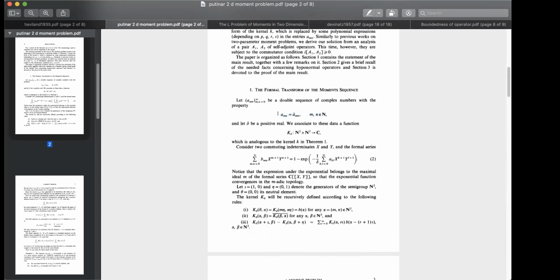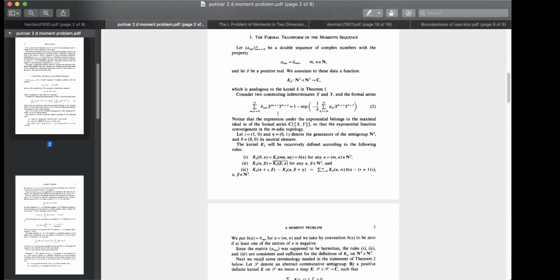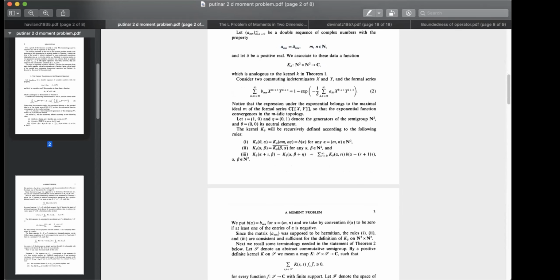So could it be just complex conjugate? Because k delta is supposed to map n squared times n squared into complex numbers, right? So that means k delta is complex. I see. So k delta is supposed to map the n squared to some complex number. So the kernel is giving us a complex number back, right?